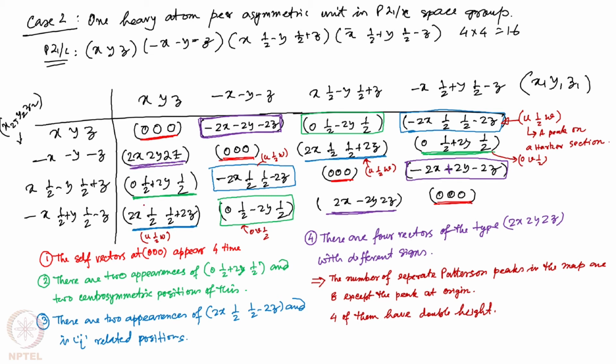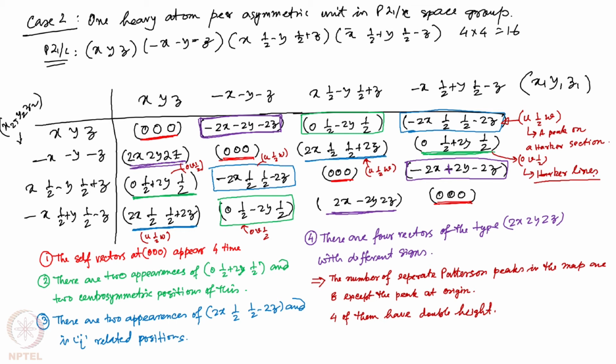There are other peaks also, which is here 0 v half. So these 0 v half set of peaks are located on the Harker lines.